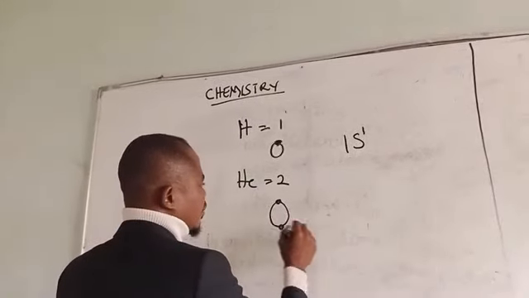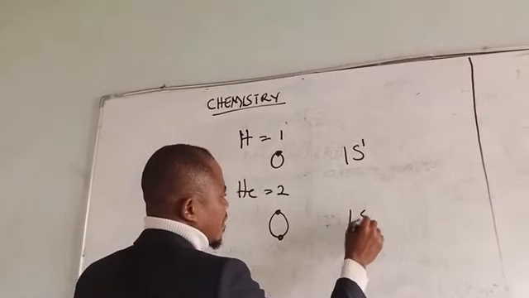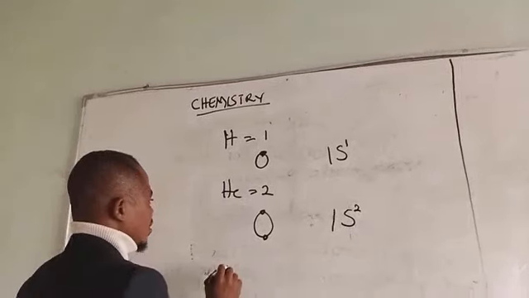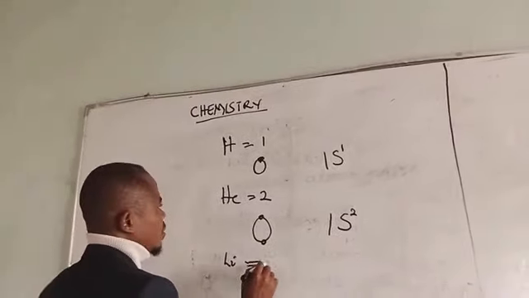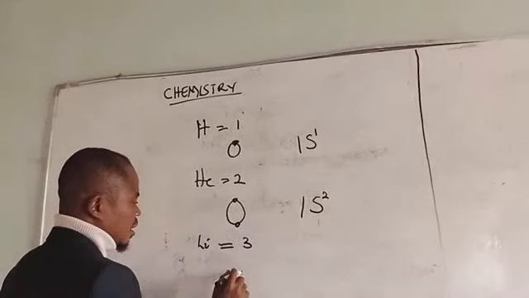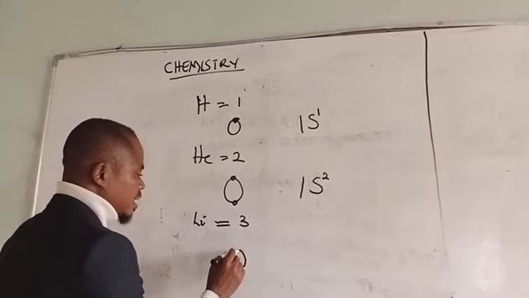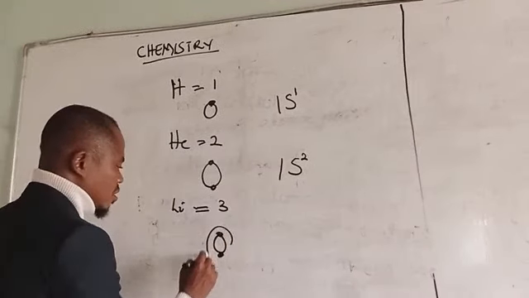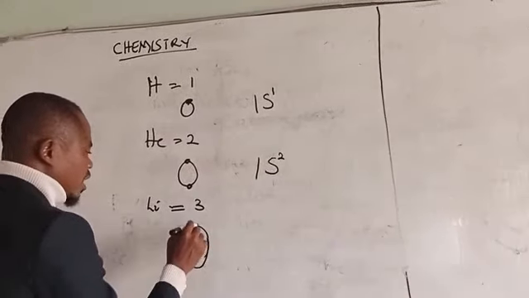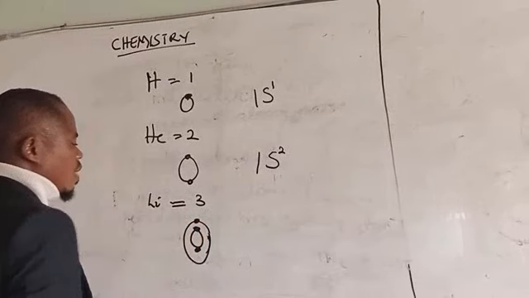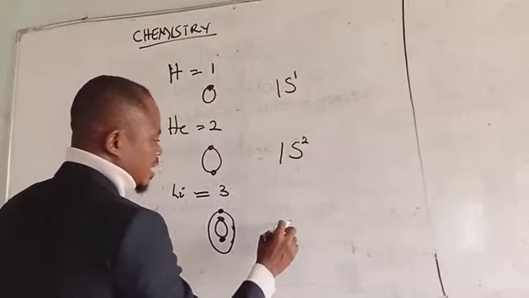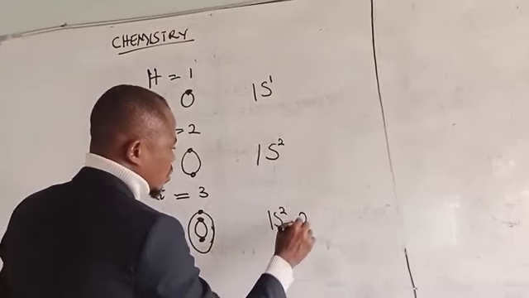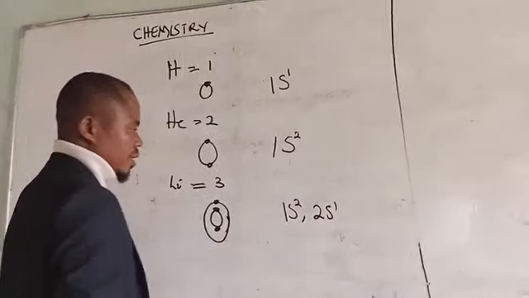So it's going to be 2 electrons there. And in the SPDF, we have 1s2. Lithium, 3. The first shell will take a maximum of 2 electrons, while the second shell will take 1 electron. In the SPDF, we are going to have 1s2, 2s1.